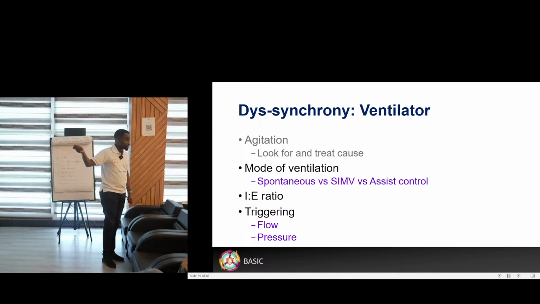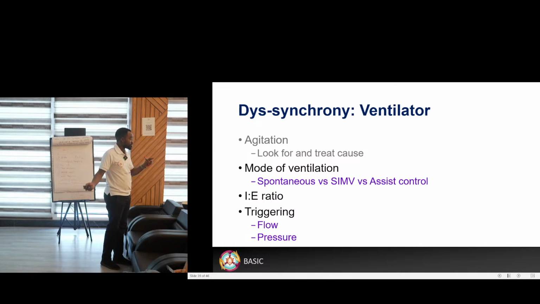Triggering: flow and pressure. Triggering could be very complicated the way you see it, but when you get used to it, it will be simple. Triggering is either the patient triggering or the ventilator triggering, but here we are talking about patient trigger.